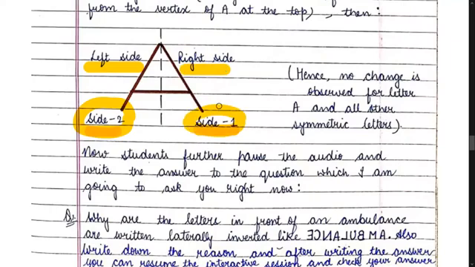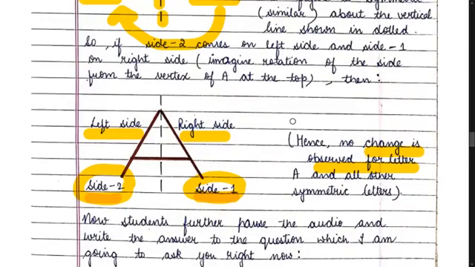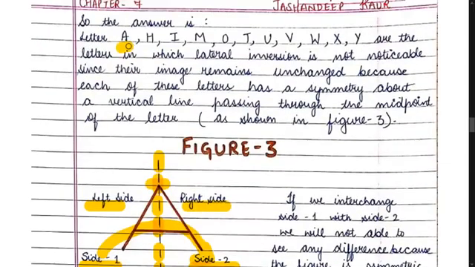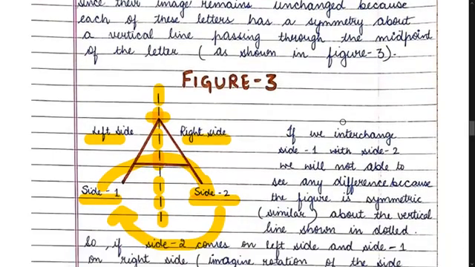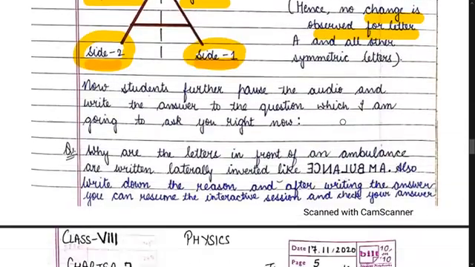So if you compare the two diagrams of letter A, you will see that no change is observed for letter A. And similarly, no change will be observed for all other symmetric letters which are A, H, I, M, O, T, U, V, W, X and Y.